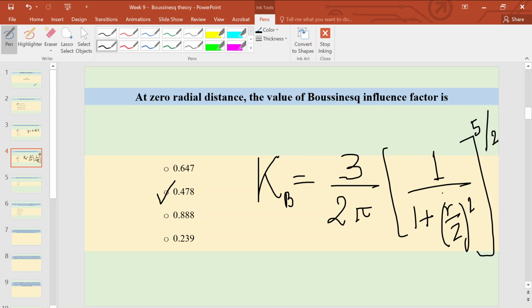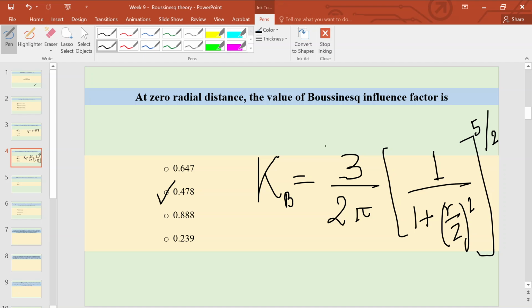So if r is equal to 0, then the value of 3 divided by 2 pi is 0.4774647754778, and the bracketed term becomes 1. So it is also equal to 3 by 2 pi, exactly, which equals 0.478.